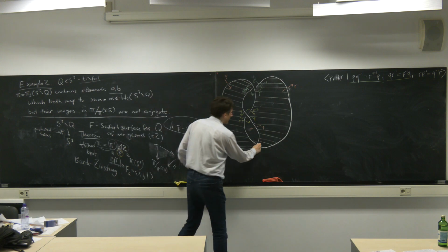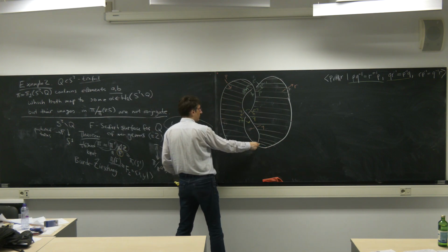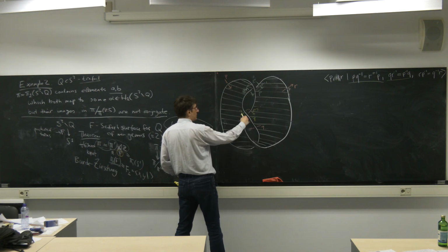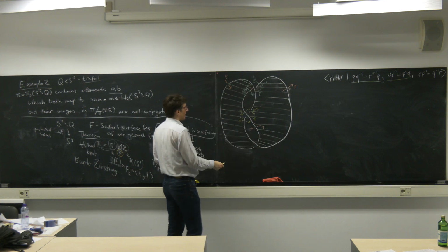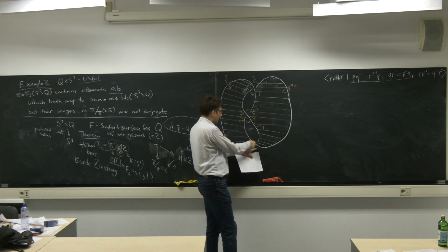So this is an orientable surface because you have three twists here, but as you can see, whenever you go by any two twists, the orientation is preserved.